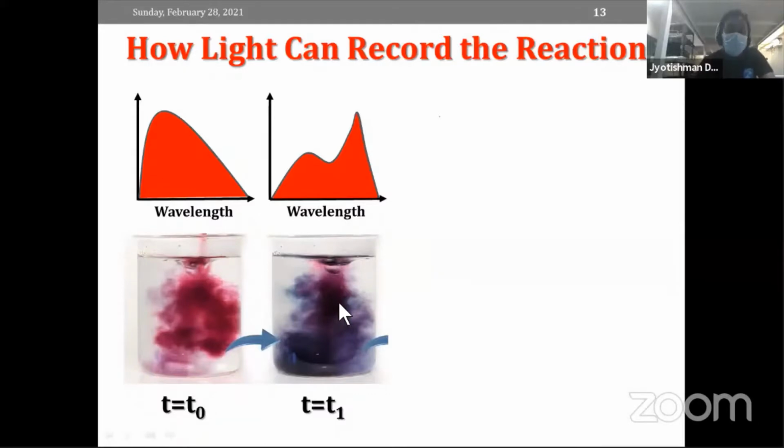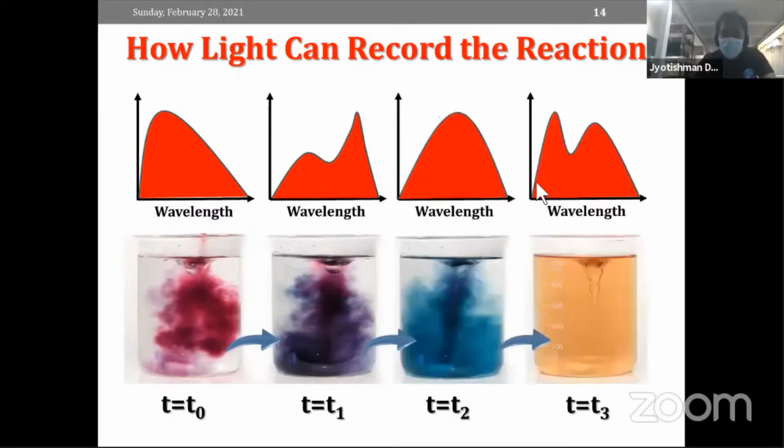And how will you see that? You will see that the shape of the spectrum, or the position where I am getting the spectrum, is changing. So as the reaction progresses with time, I will record the color using a spectrometer at successive times. That essentially gives me the concept of how we can record a chemical reaction at different times using a spectrometer.